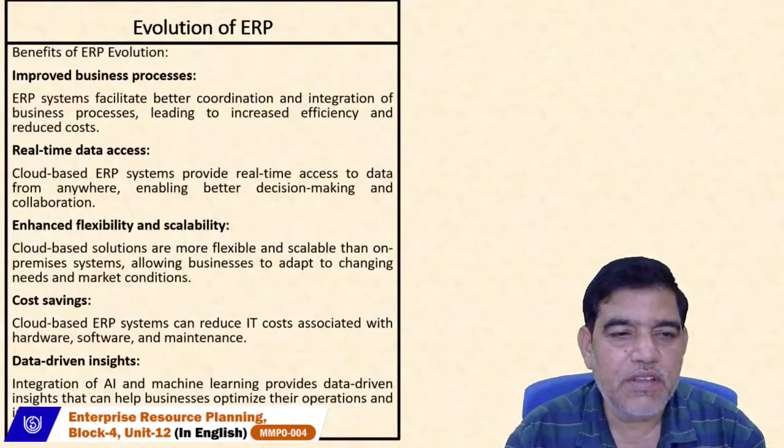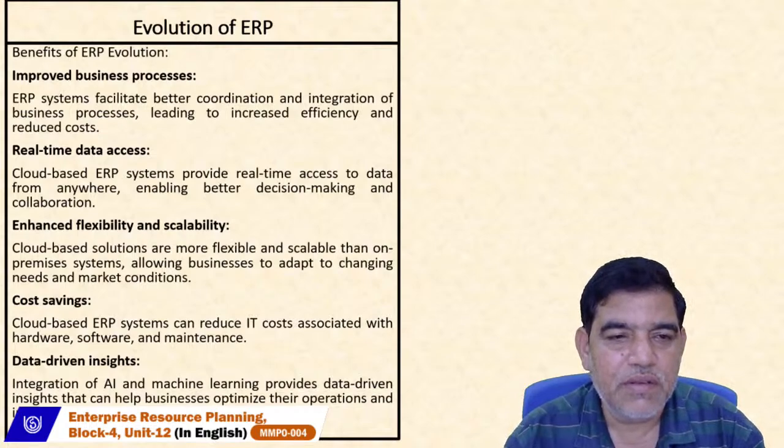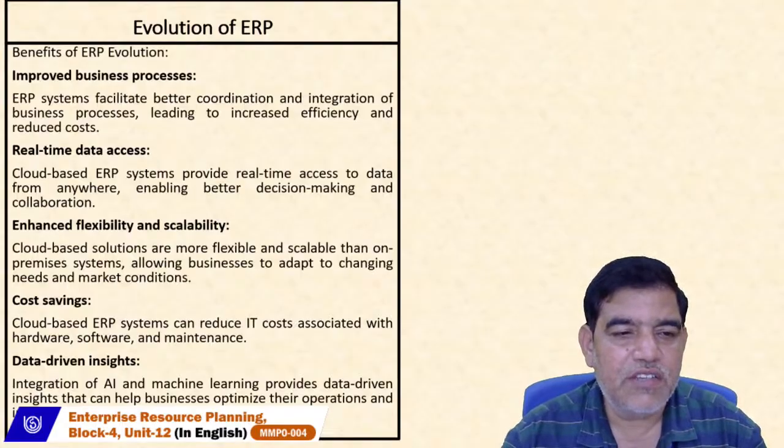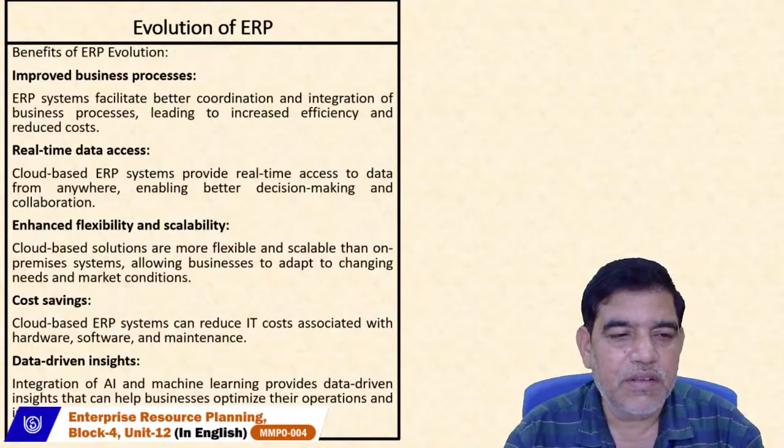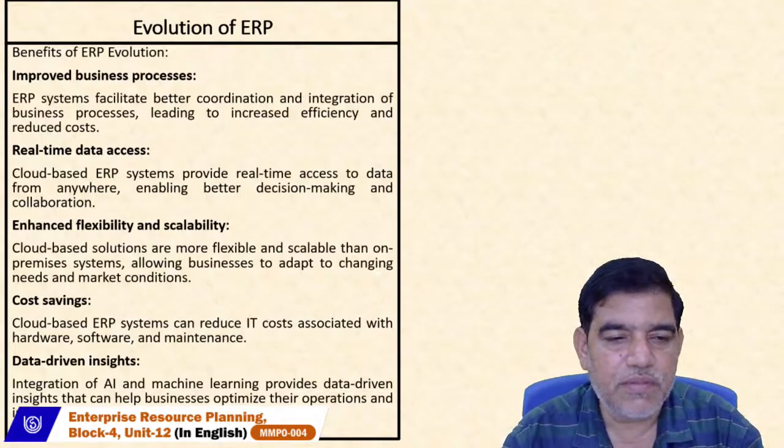Cloud-based ERP means the data is stored in the cloud and the stakeholders can access it anywhere for their decision-making process. Enhanced flexibility and scalability. Cloud-based solutions are more flexible and scalable than on-premise systems, allowing businesses to adapt to changing needs and market conditions.